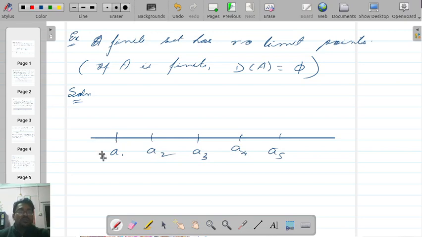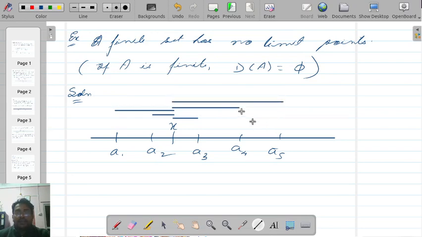So what we do is we try to check whether a given number x is a limit point or not. For that, I find the distance of x from each of these points: distance between x and A1, distance between x and A2, x and A4, and x and A5. Then I take the minimum of all these distances.